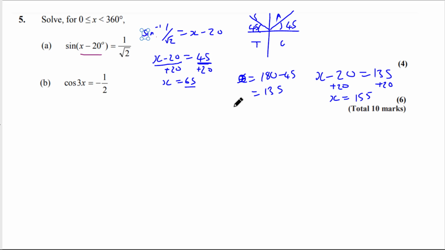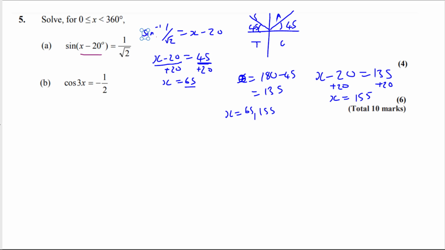So we just write below x equals 65 and 155, and that's perfect. Now it does say between 360, but I don't think there's any other solutions if you go round. If you do extra solutions, you will lose a mark because there are no extra solutions.